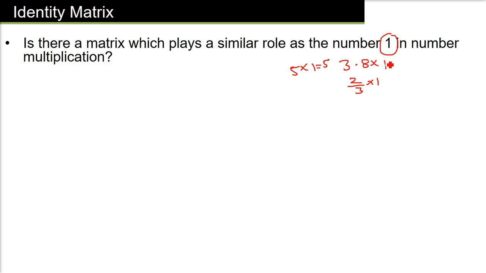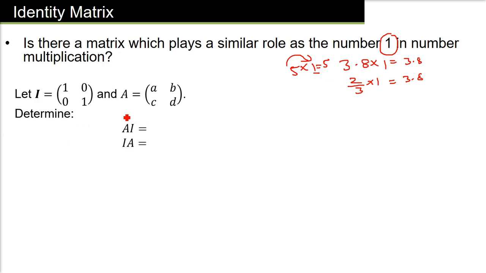So the actual number comes back. Is there any equivalent of this in matrices? Yes, there it is, and that is called the identity matrix. Whichever matrix you multiply by this identity matrix, that matrix will come back. There will be no change.